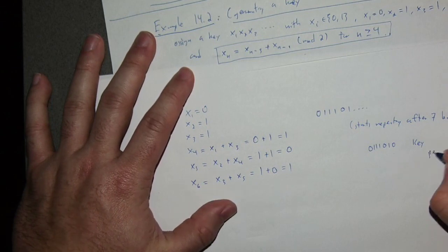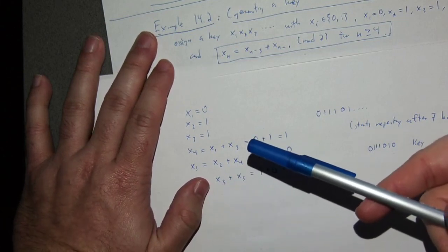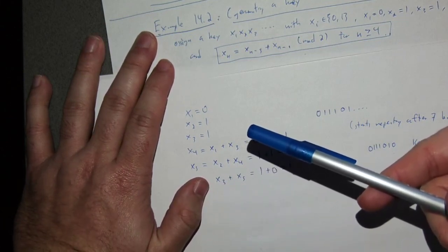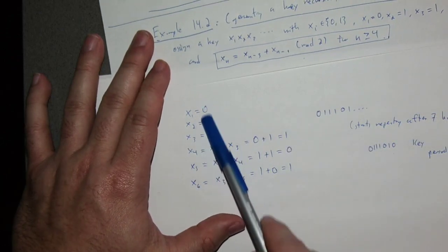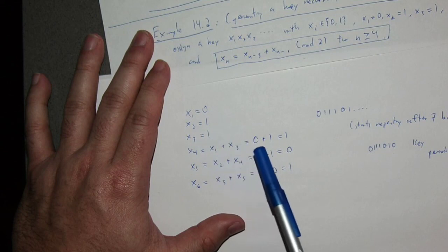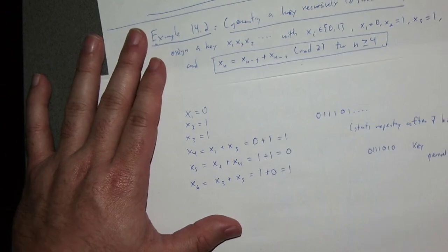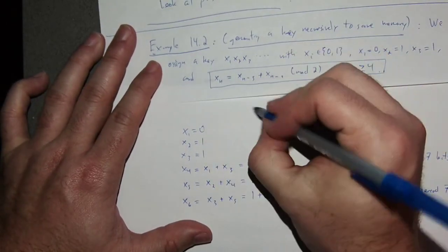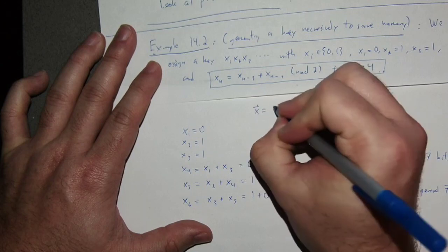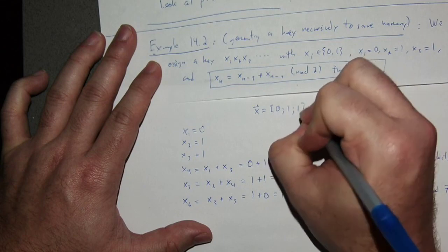So the period is 7, but how many bits did we actually use here? We started with 3 initial values, and then 3 more which were the coefficients in this recursion. What do I mean by that? I started out with 3 initial values, x, which was 0, 1, 1.